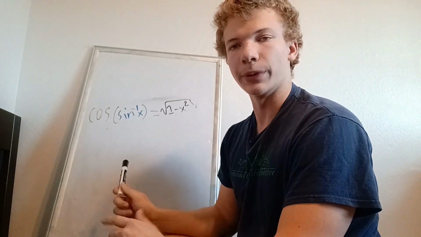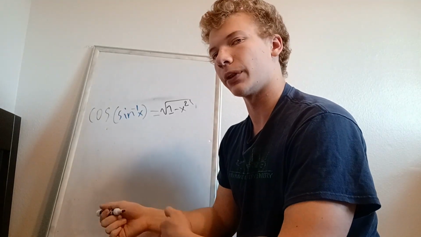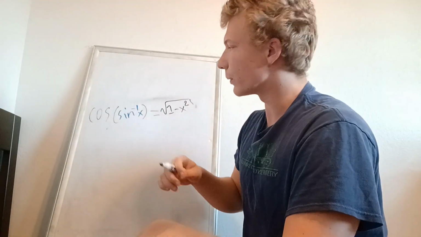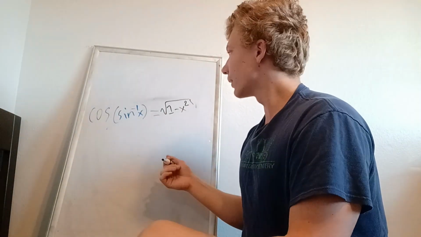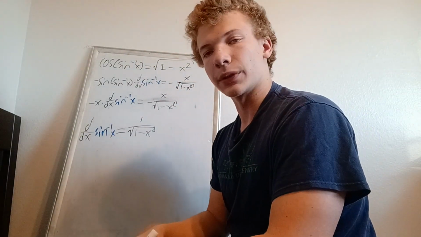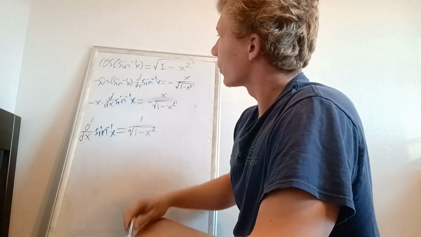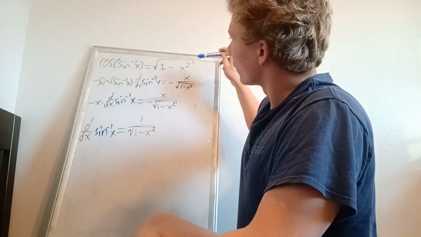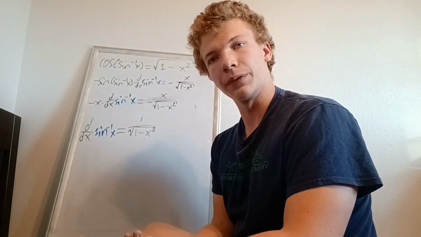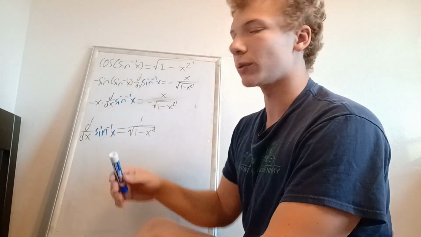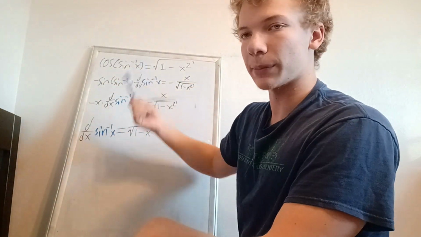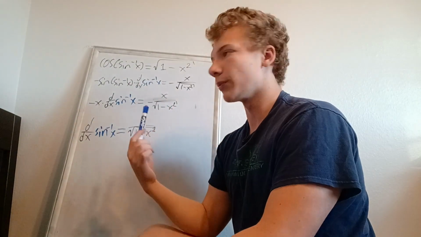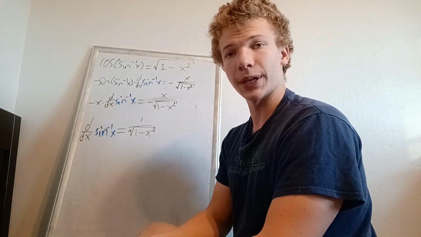We can use this information to derive the derivative of arcsine x by taking the derivative on both sides. It will remain equal because these functions are exactly equal. So this is what that process is going to look like. Cosine of arcsine x is equal to square root of 1 minus x squared. Taking the derivative of both sides, on the left side, we'll have to employ the chain rule. The derivative of cosine is negative sine, and then times the derivative of the inside, the derivative of arcsine x. We don't know what that is yet.